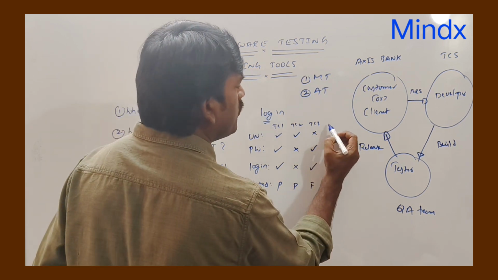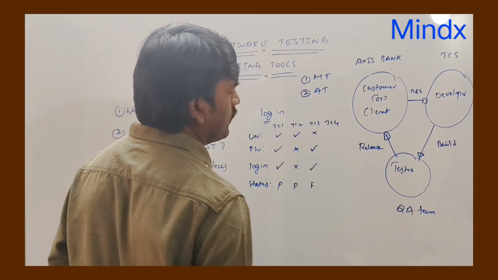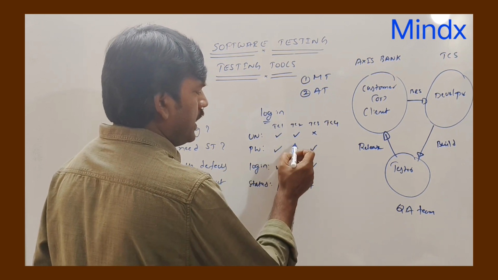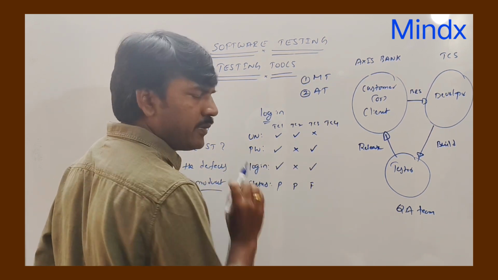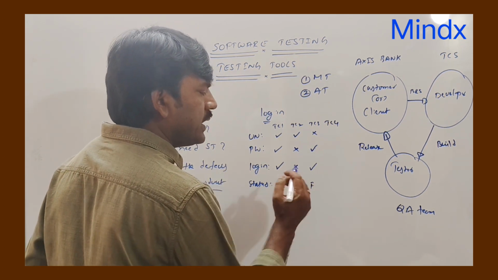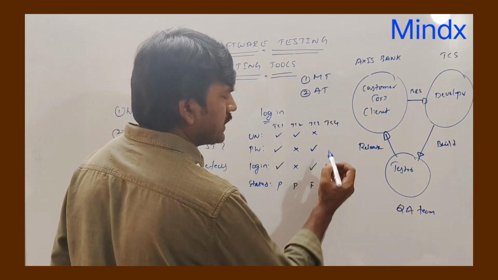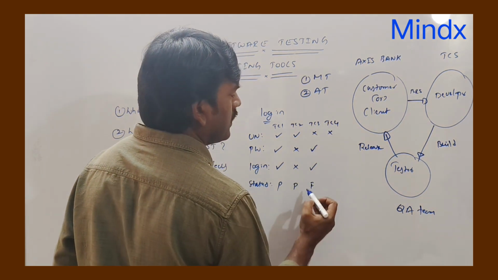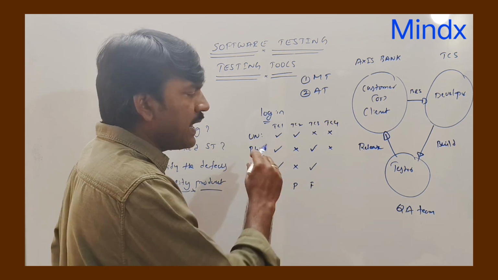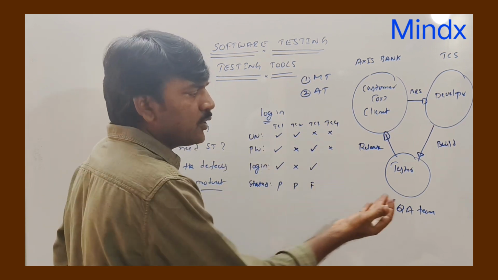One more test case. What is one more test case? Test case 4. Here positive input, positive output. Negative input, negative output. Application is perfect. But here negative input, positive output. Now is that a defect? Like one more test case: username is wrong, password is wrong. Like that we are giving n number of test cases. That is the role of testing.